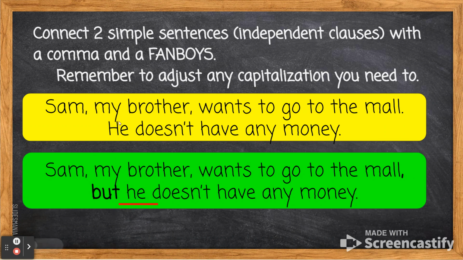"He" is capitalized up here because it's the beginning of a sentence, but here it's the middle of a sentence, so we don't need to capitalize it. Also notice for this one that the sentence that already had some commas in it, we have this little appositive phrase here, we keep those commas. Those don't go away. They can stay exactly as they are when we combine these sentences.